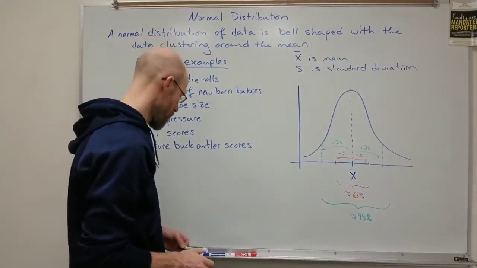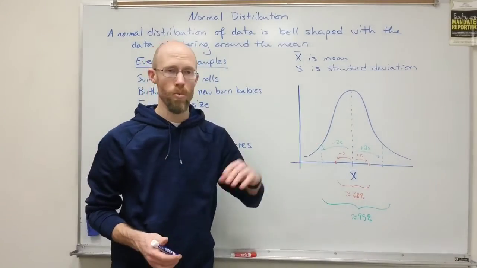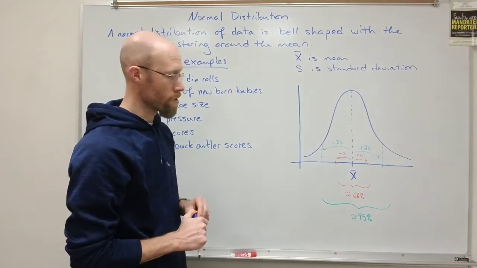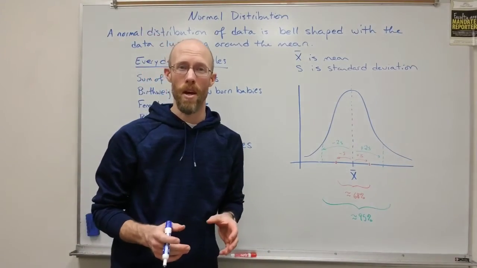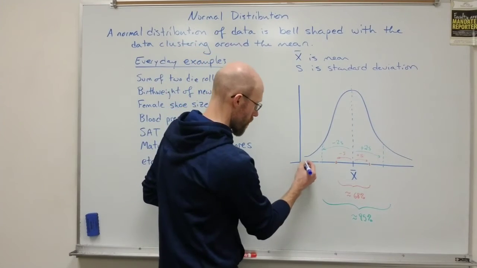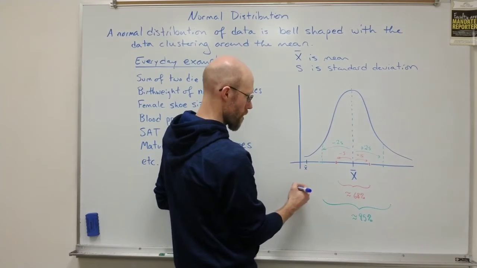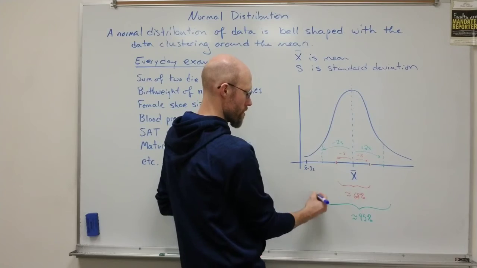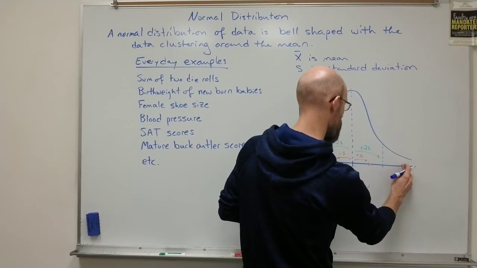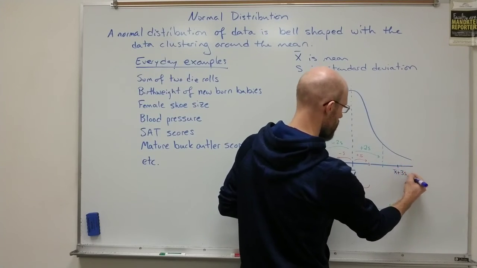And if you really want to encompass just about all the data, you can go 3 standard deviations on either side. And that typically gathers about 99.7% of all the data items within any normal distribution. Okay, so I'm running out of room, so I'll go x bar minus 3s, and x bar plus 3s, right?